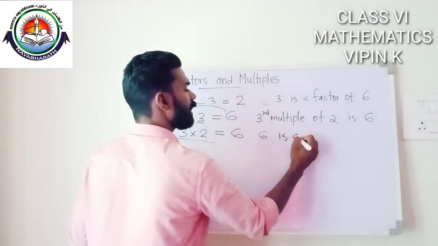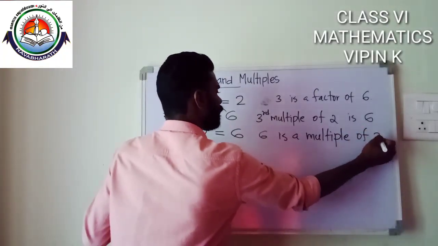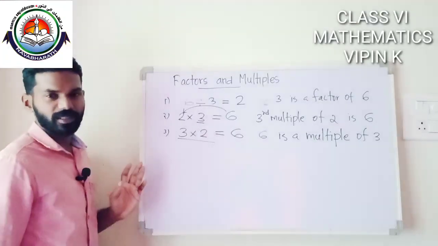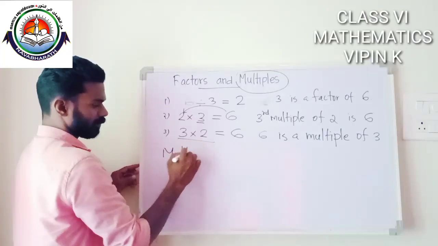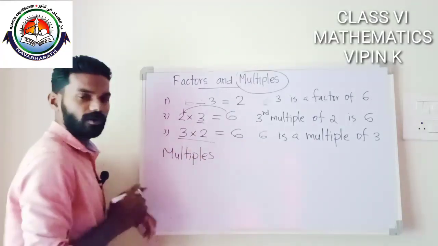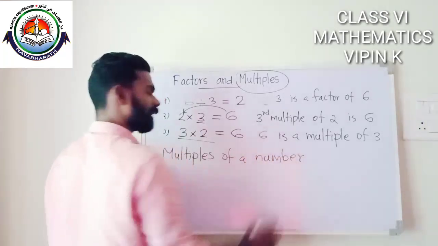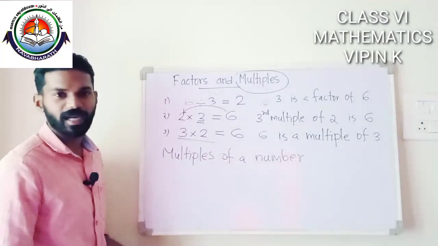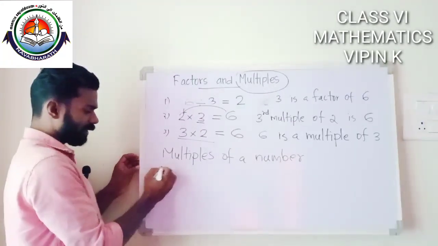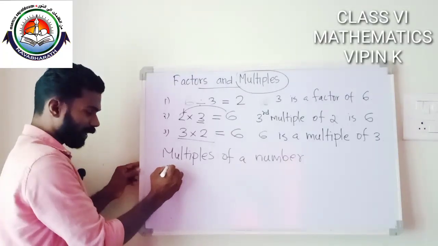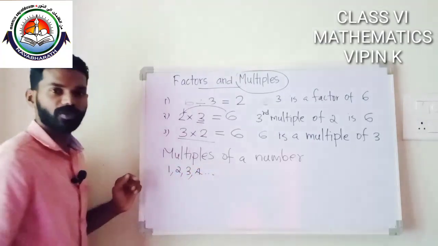Now when we consider the term multiples of a number, it means that that particular number must be multiplied by 1, 2, 3, 4, etc. numbers. Clear?